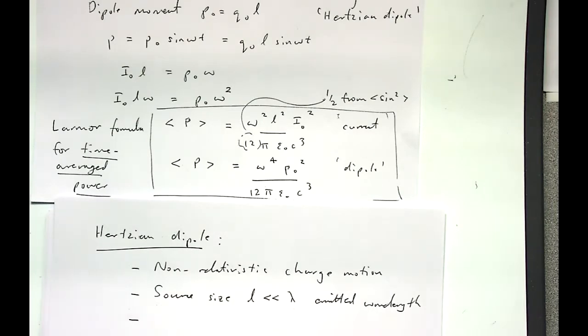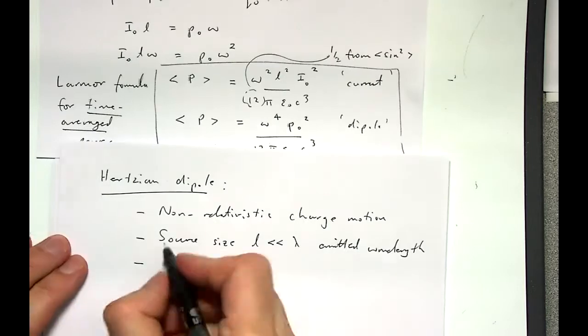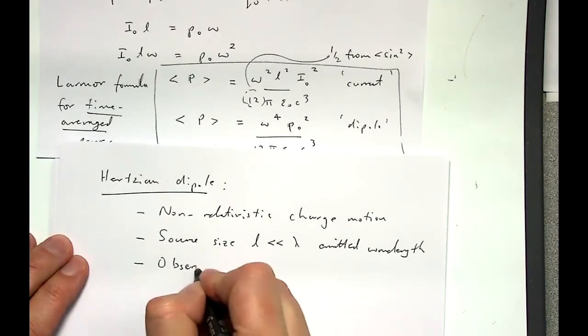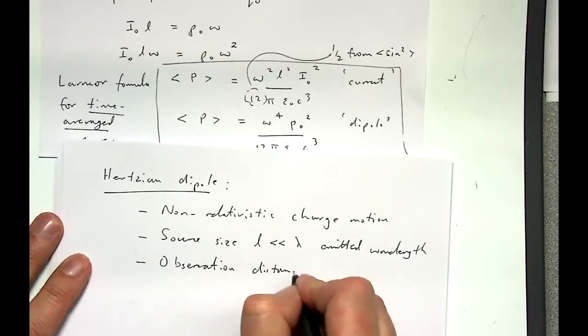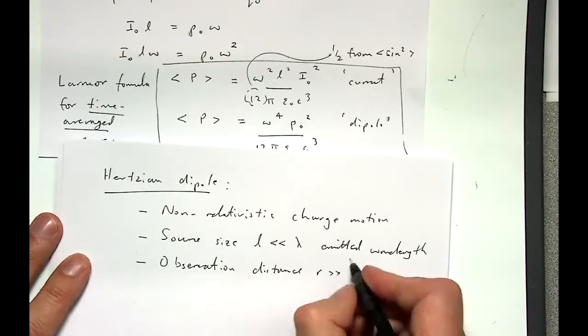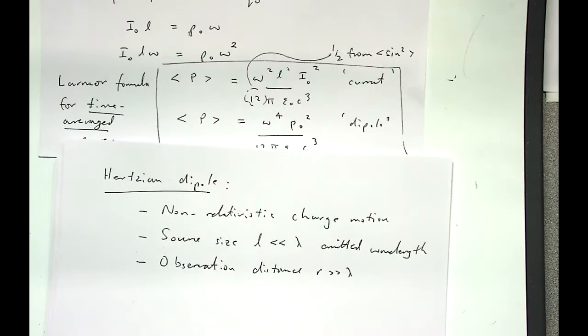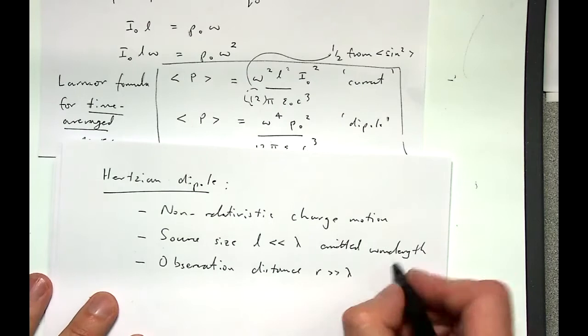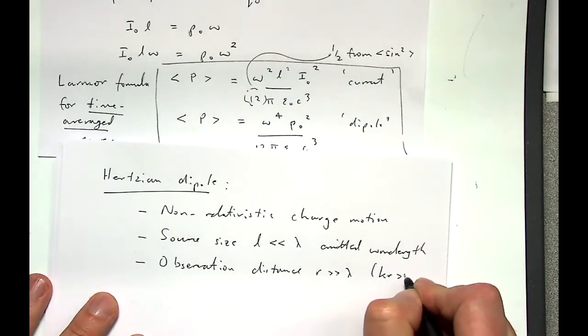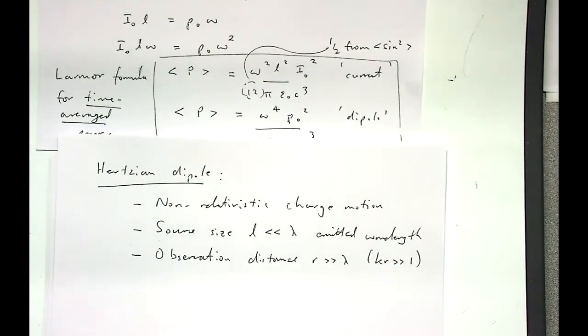When working out the total amount of power being emitted, we were assuming that we had formed plane wave fronts and that we were in the far field regime. So the observation distance R is much greater than lambda. So there's three scale parameters. There's the wavelength of emission, there was the effective length of the dipole, and there's the distance of observation. And our statement that R is much, much greater than lambda is equivalent to saying that KR is much, much greater than 1. That was that KR that we saw in the time variation of the fields.